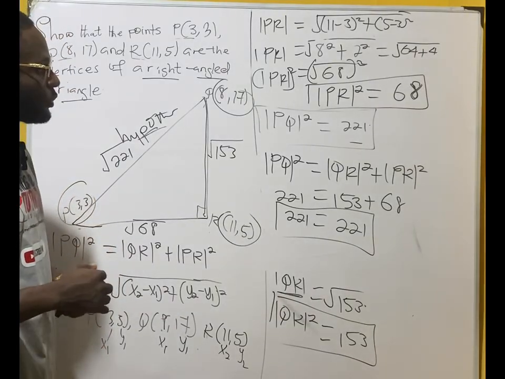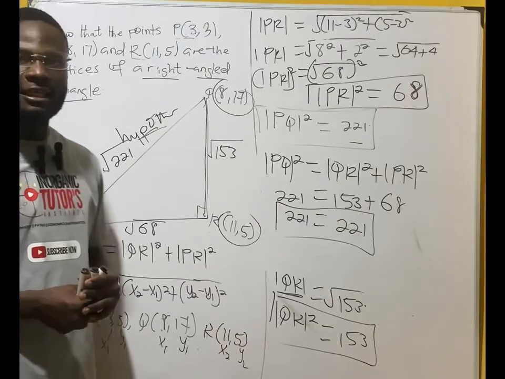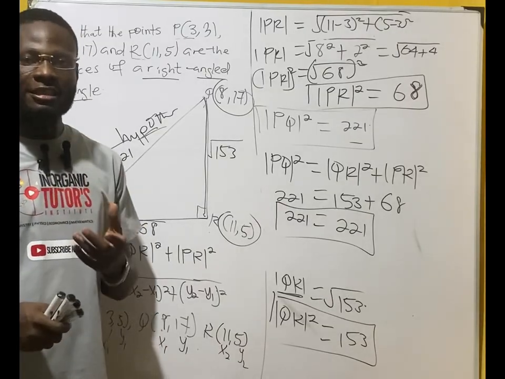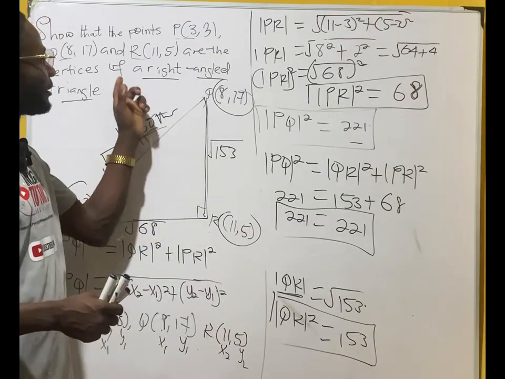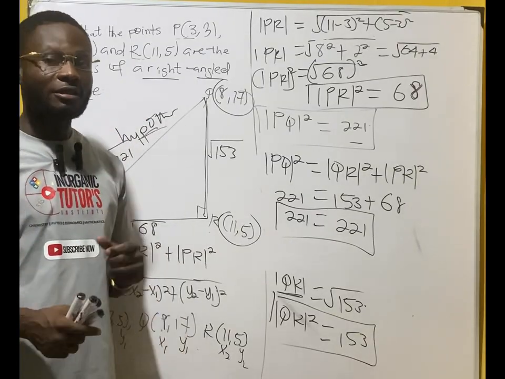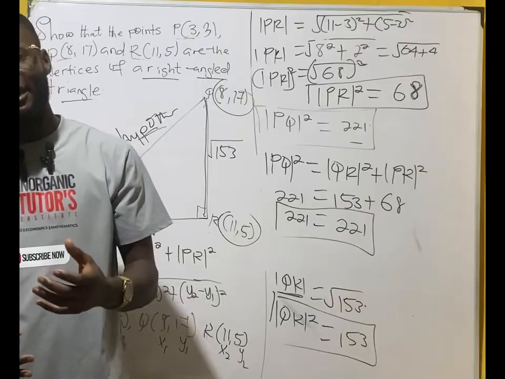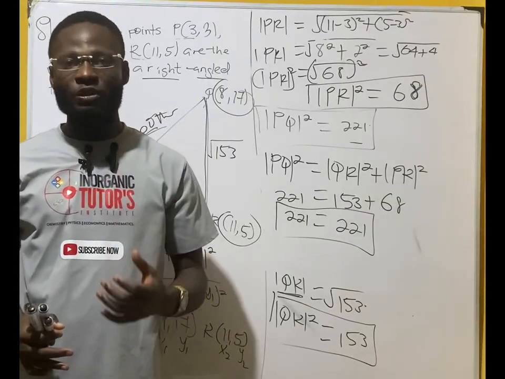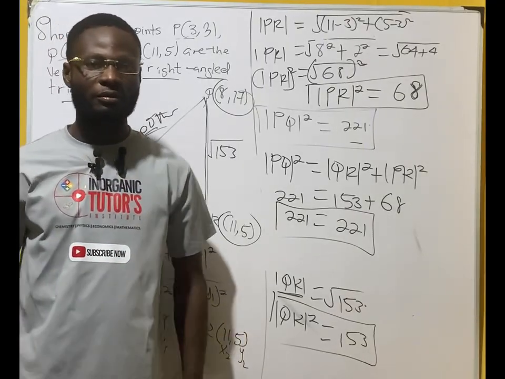All right, so this has indeed proven that these vertices are the vertices of a right-angled triangle. Ladies and gentlemen, that is the end of problem 1. Let's continue with problem 2.